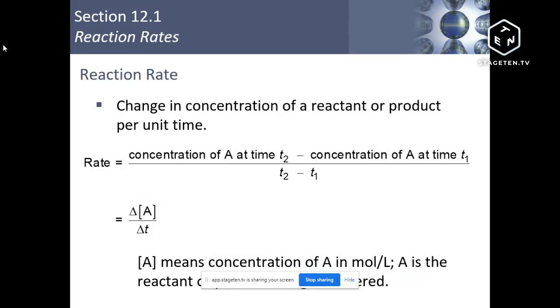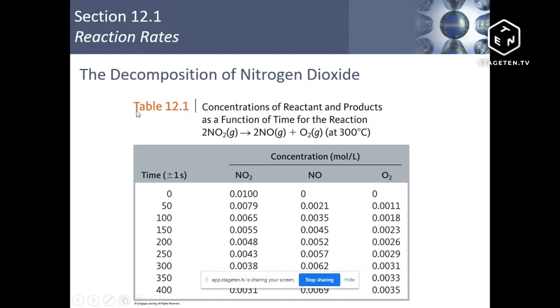It might be a high rate, but since the concentration is decreasing, that reactant is going away in the form of a product. We call it the rate of disappearance. For a product, we usually call it the rate of appearance or the rate of formation, because the reactant's disappearing, but the product is forming.